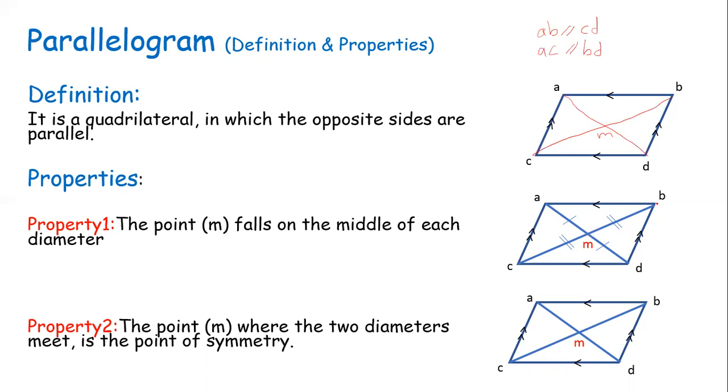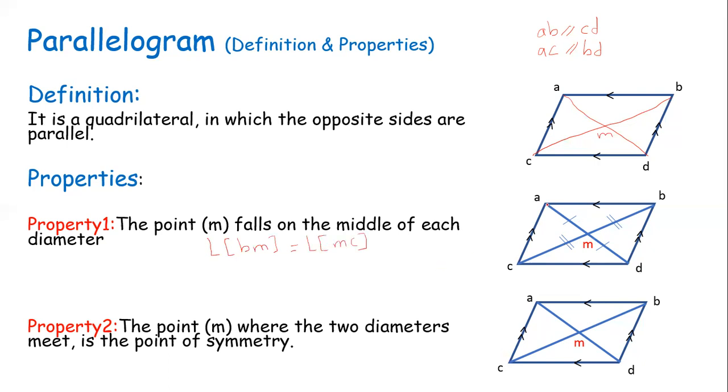For example, it splits the diameter BC into two halves, BM and MC. Of course, we can write this as the length of BM is equal to the length of MC.